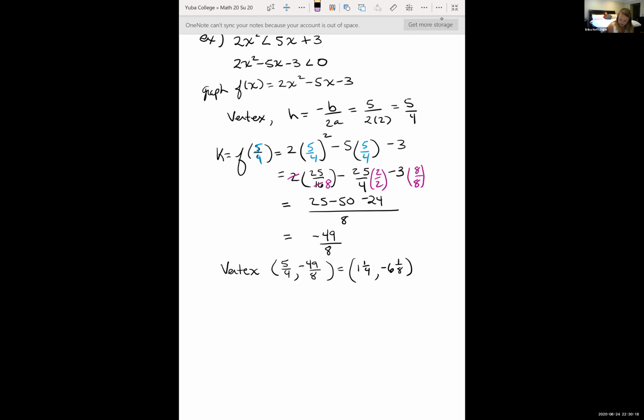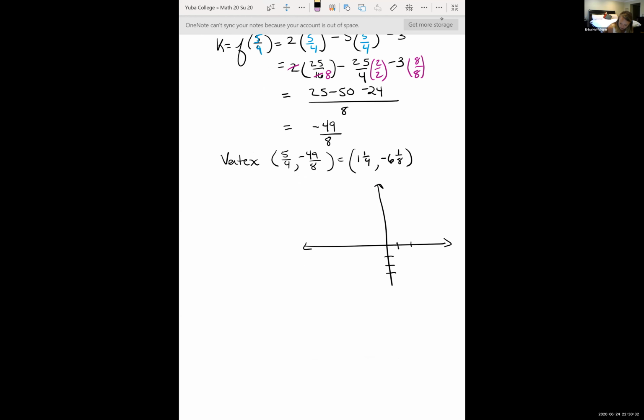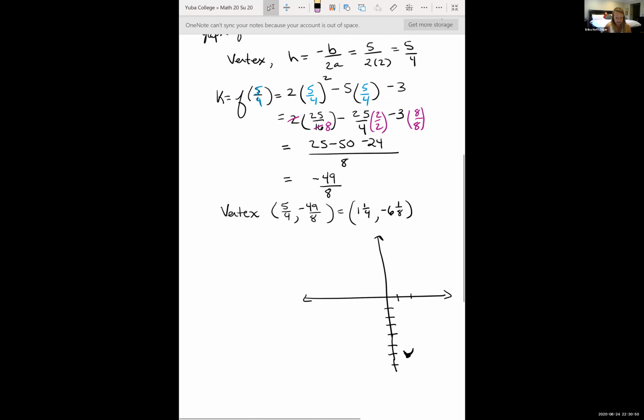Okay, so let's see where it falls. The vertex is 1 1/4 and negative 6 1/8. Just estimate it. And we know our parabola, because our a value is positive, is facing upwards. So we know it's going to be crossing the x-axis there.